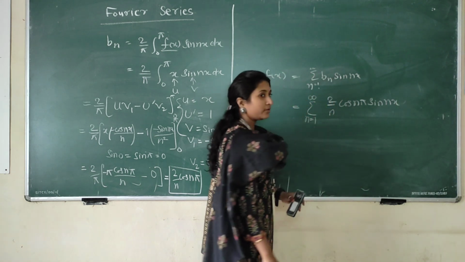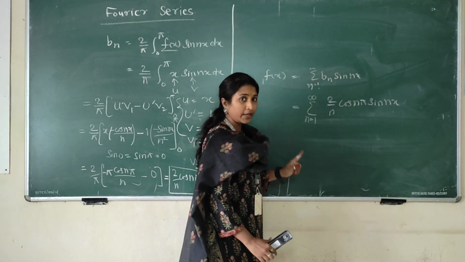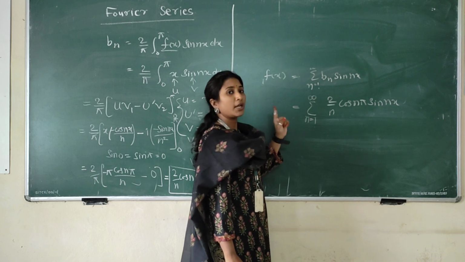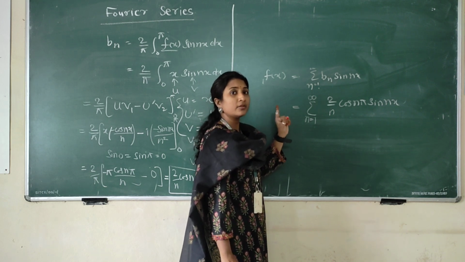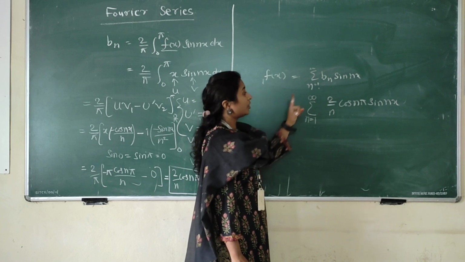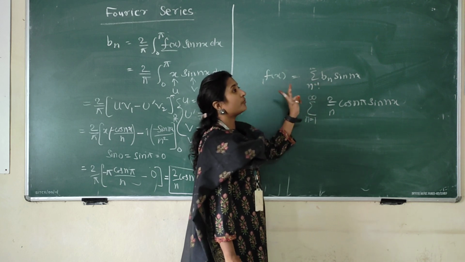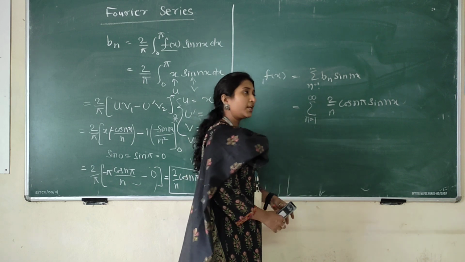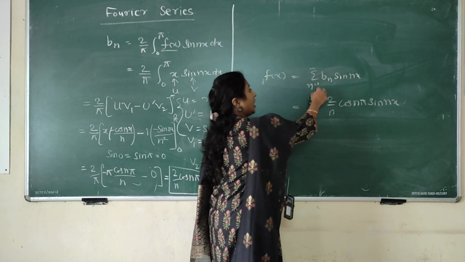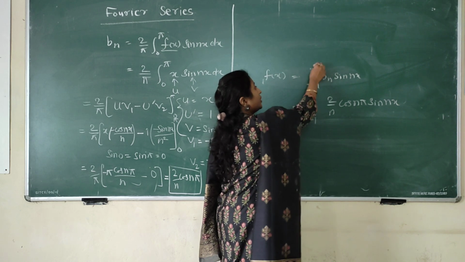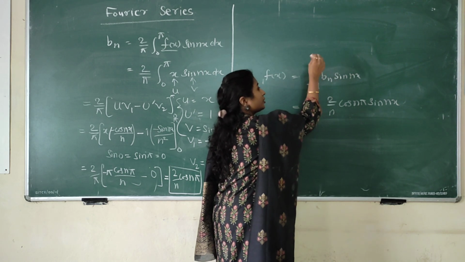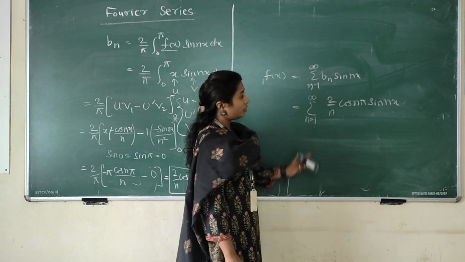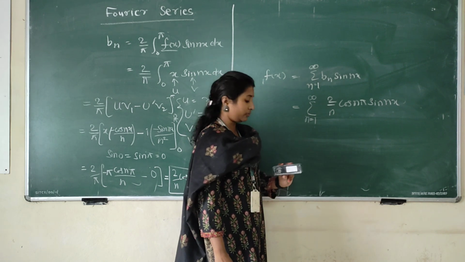So from this, we can easily find that if the function is even, then a naught and an are used, and if the function is odd, for the limit minus pi to pi, only the Fourier series summation n is equal to 1 to infinity bn sin nx is used, and the value of bn we have already seen in this formula.